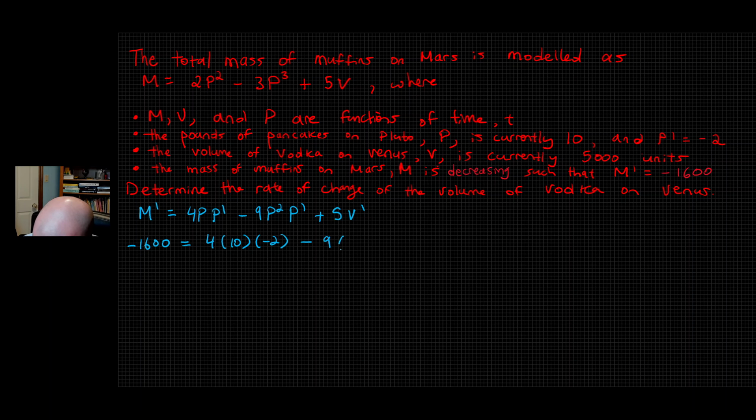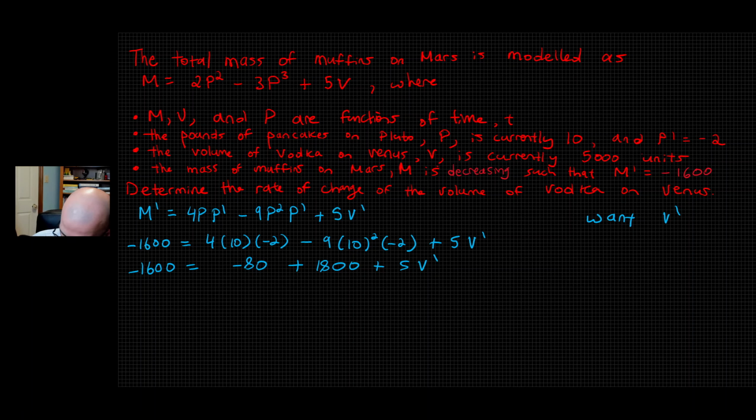Okay, and I'll sub in the same data here. I got 10 squared times -2 plus 5 times v prime, and v prime is the thing we want. We want the rate of change of the volume of vodka on Venus. -1600 equals, we have -80, and then here 900 times, so 1800 positive, plus 5v prime, and then, yikes, some big numbers.